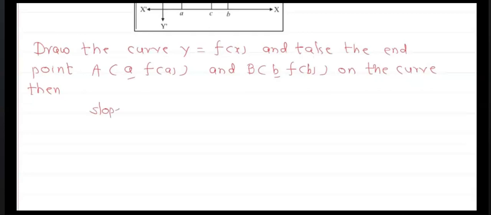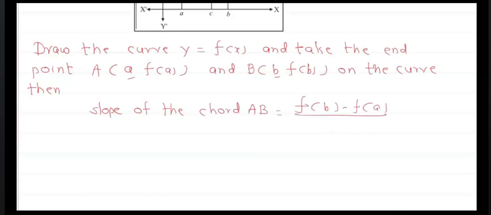Then the slope of the chord AB is equal to f of b minus f of a upon b minus a.